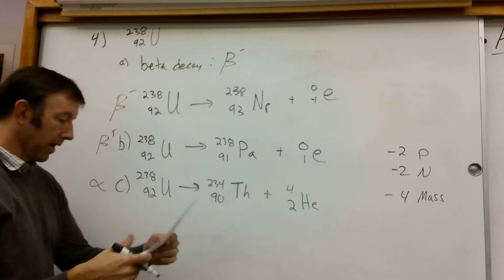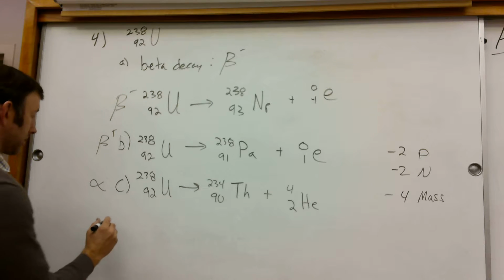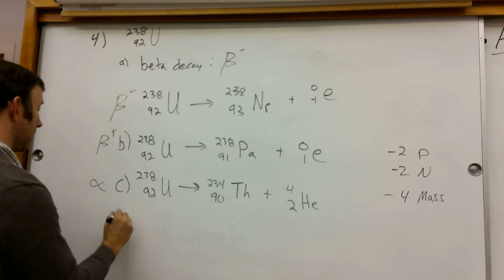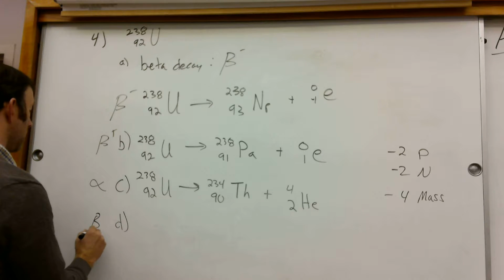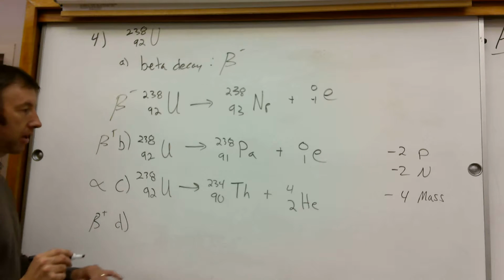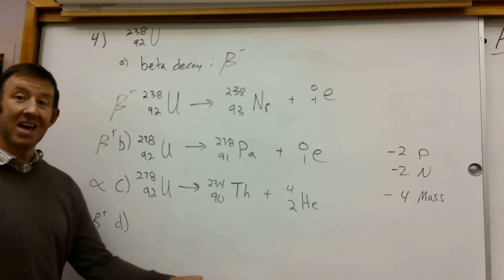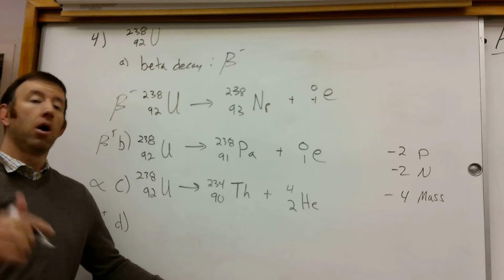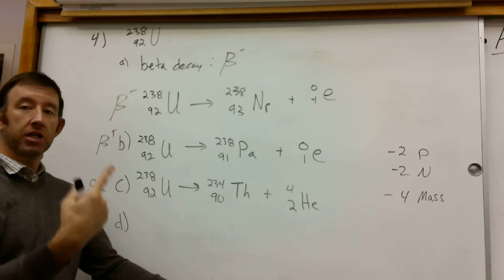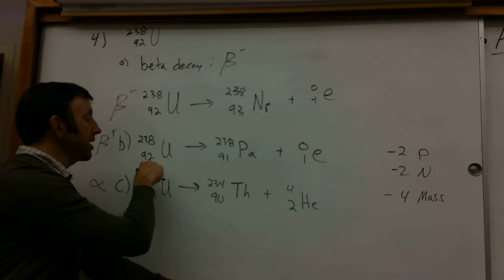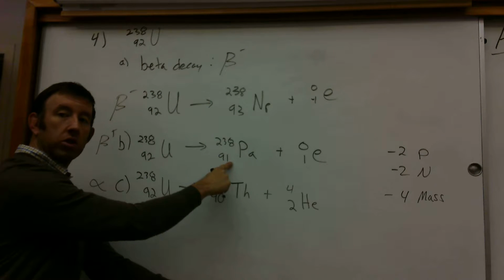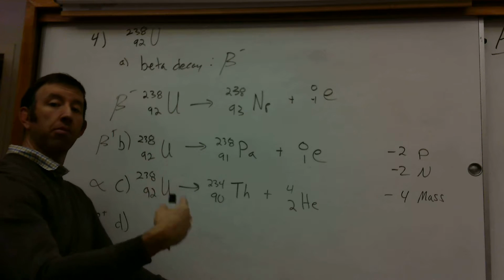And last but not least, B. Again, not a decay, but an electron capture. Electron capture and positron decay will give the same result from here to here; we're just showing that it happened by a different process.